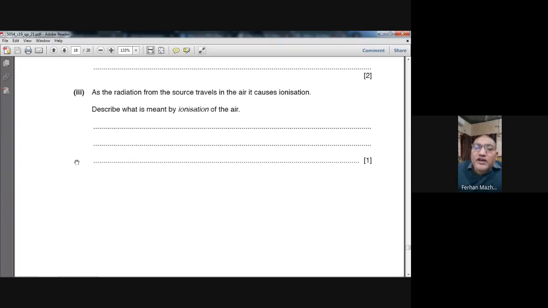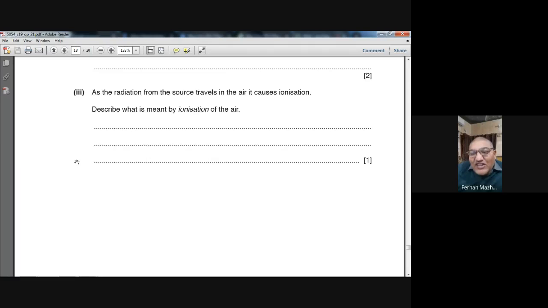You see, the alpha particles are like the nucleus of helium. They have positive charge, their charge is 2. They have 2 protons and 2 neutrons. It's purely a nucleus. When it travels in air and collides with the atoms which come in its path, it is able to knock out the electrons in the valence shell of those atoms.